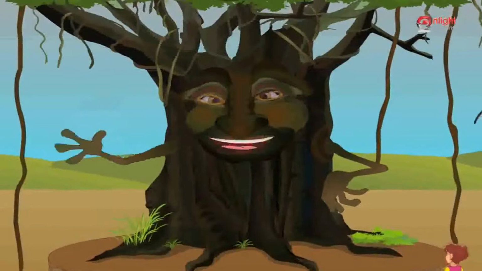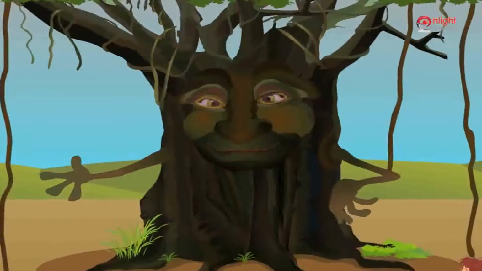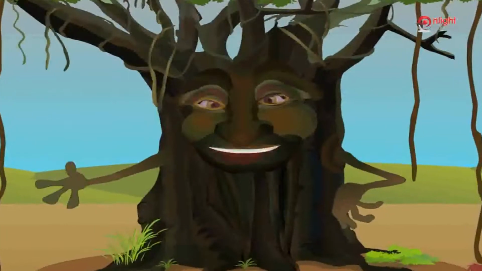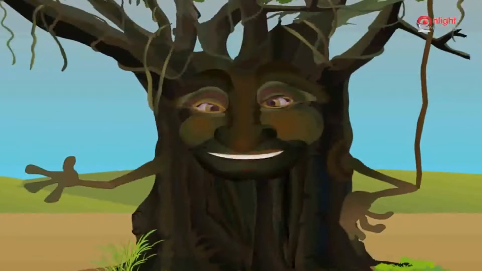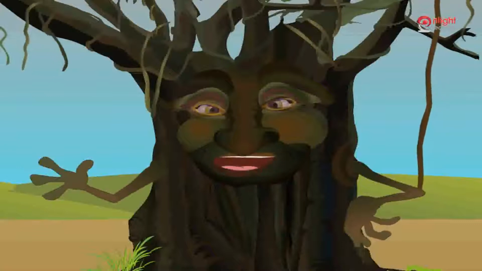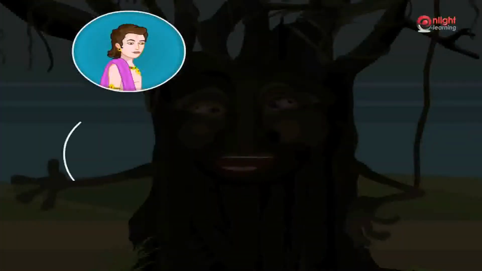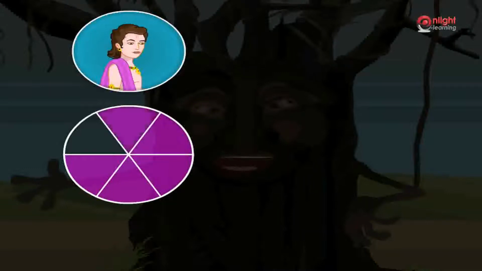As the princes learnt about fractions, they started drawing some figures, dividing them into equal parts, shading some parts and saying aloud the fraction of the shaded part. Yudhishthira drew a circle, divided it into 6 equal parts, shaded 5 out of the 6 parts and read out the fraction as 5 by 6.